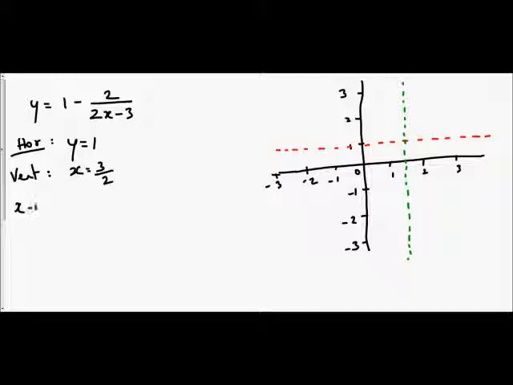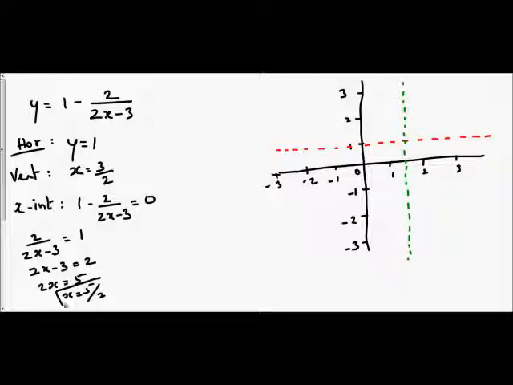Let's first find what is x-intercept. It's when y equal to 0. So 1 minus 2 over 2x minus 3 equal to 0. So x is equal to 5 over 2 is our x-intercept, which is 2.5, should be somewhere here.